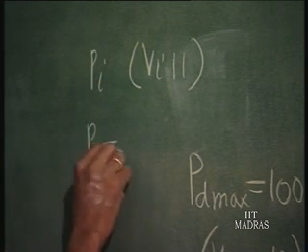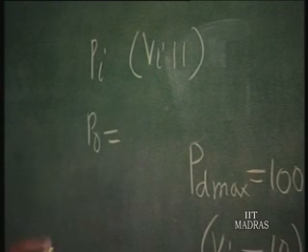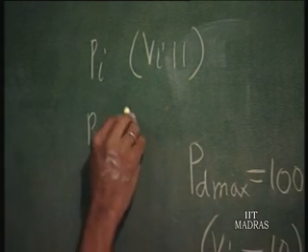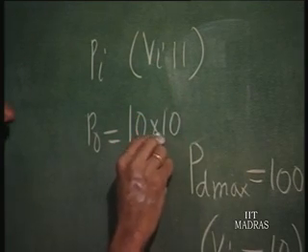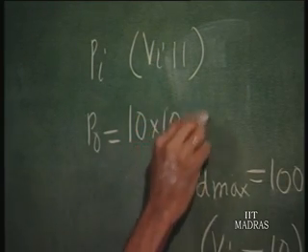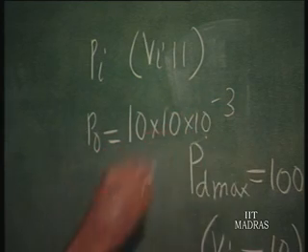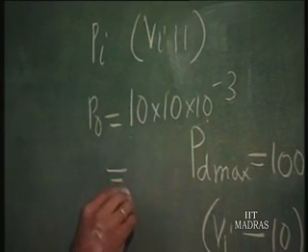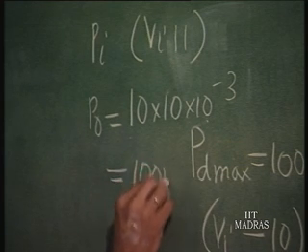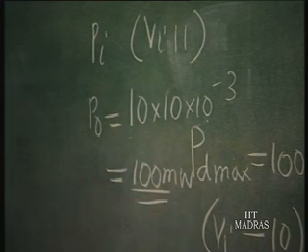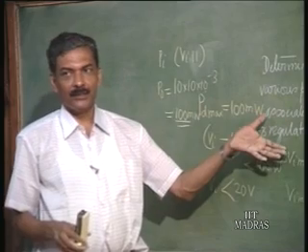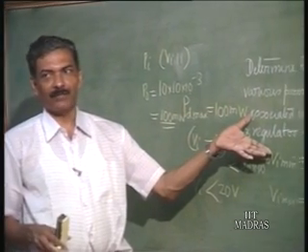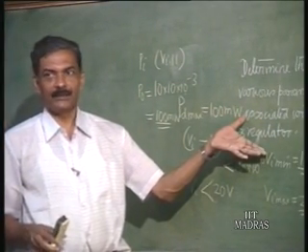Power output is V naught, 10 volts into 10 milliamperes. So, this is 100 milliwatts. 100 milliwatts is the power output, and for that we are using a maximum dissipation transistor of 100 milliwatts, not very efficient, right.